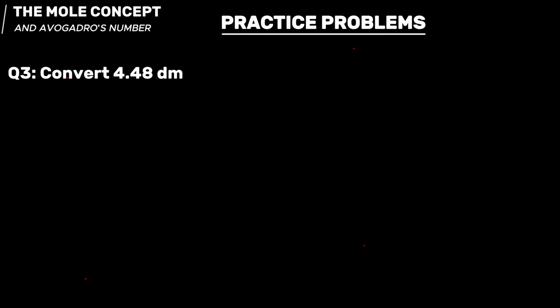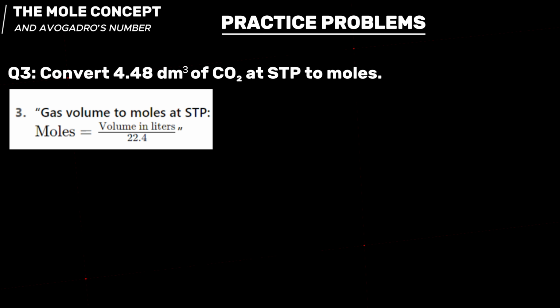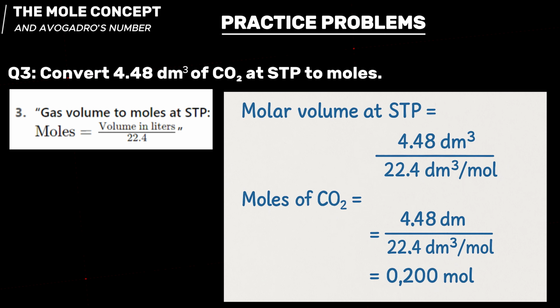Question number 3, convert 4.4 dm cube or 4.4 liter of CO2 at STP to moles. We divide that volume by 22.4 and we'll get 0.2 mole. So these are 3 key formula we use when we're dealing with moles and Avogadro's number.